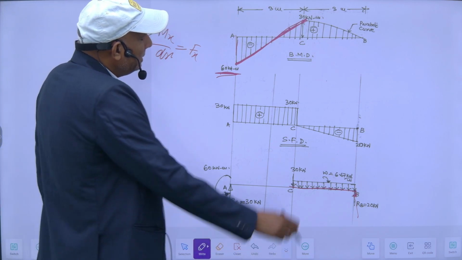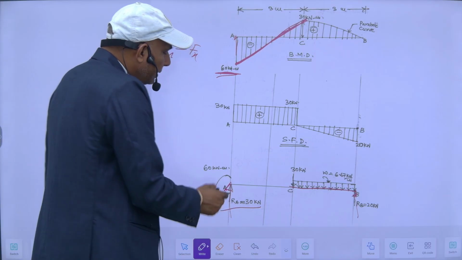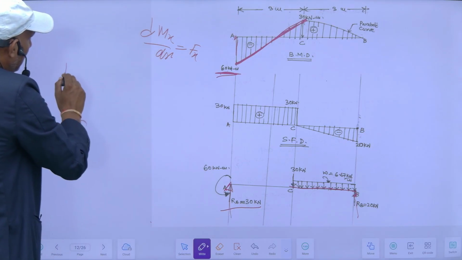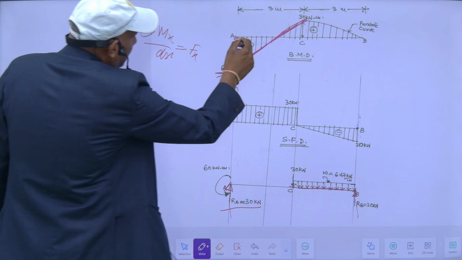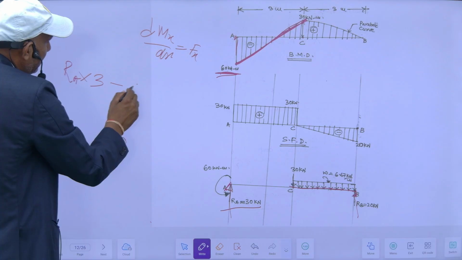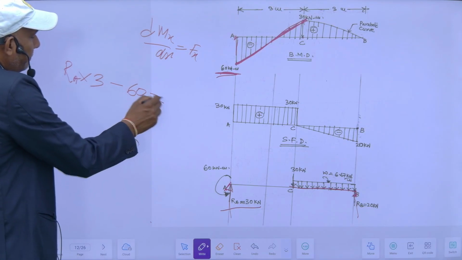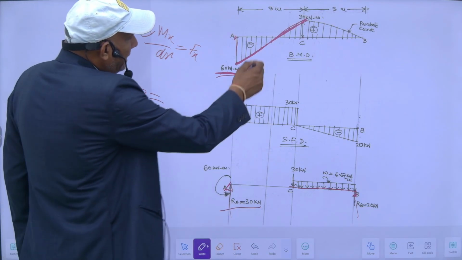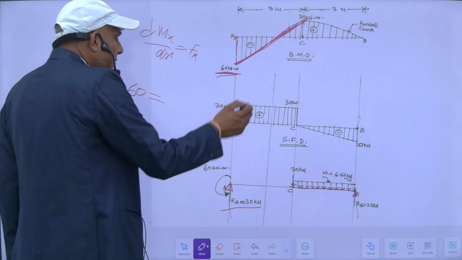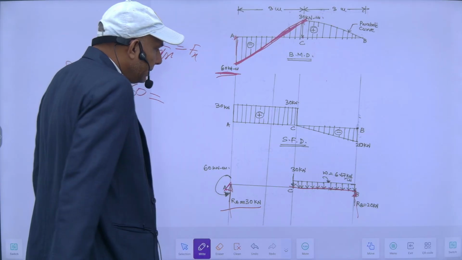Obviously at this simply supported end there must be a reaction Ra that I don't know. If I take moment at this point, it will be Ra into this distance, which is 3 meter, minus 60 for the hogging couple. Since my bending moment slope is constant, my shear force is constant, and constant shear force means no load is acting here.